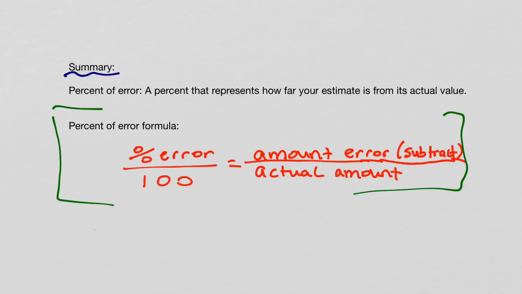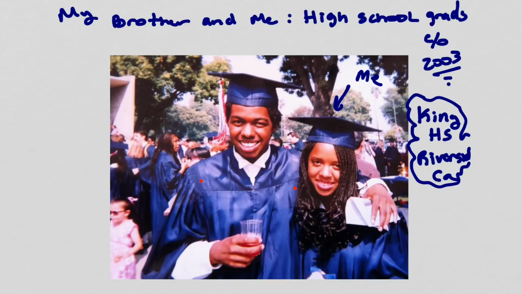Before I close out, I just want to share a picture of myself as a high school senior. This is me in 2003, graduated from high school. This is my big brother, Rod. We're actually 11 months apart.